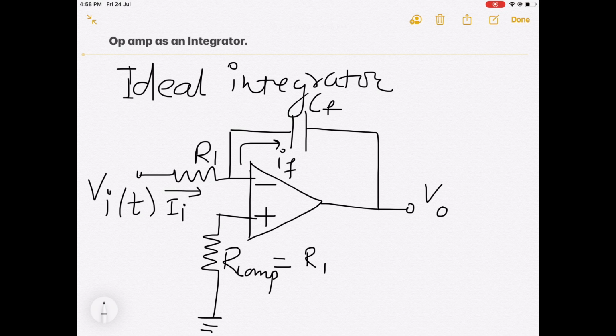Then this is IB, the bias current. So, these are the currents flowing through the op-amp. We will do analysis of this first, to find the output voltage. Obviously, we know that output voltage is integration of input voltage, but with some resistor and capacitance values, right.